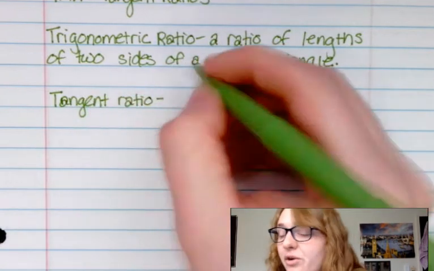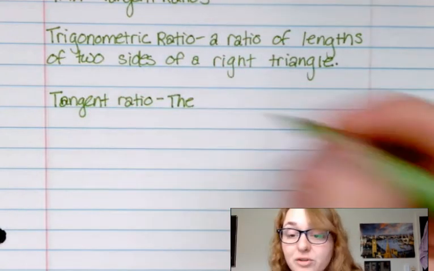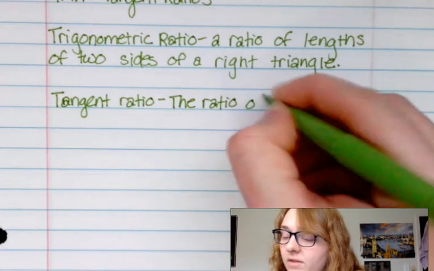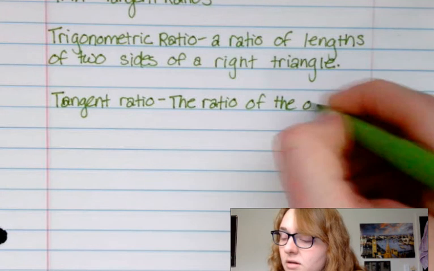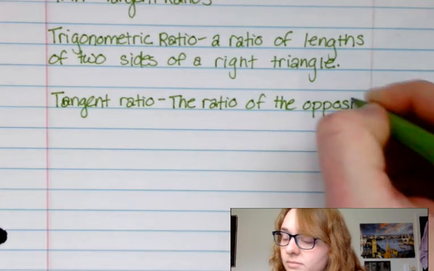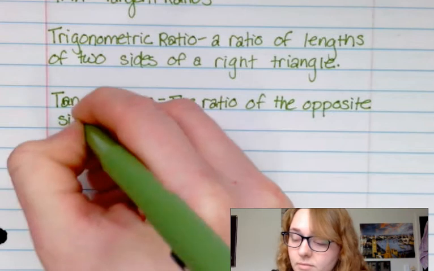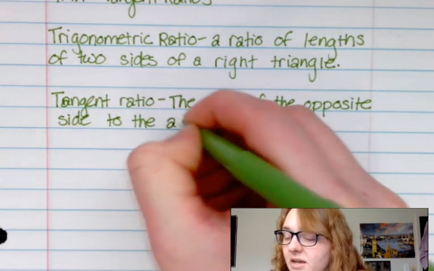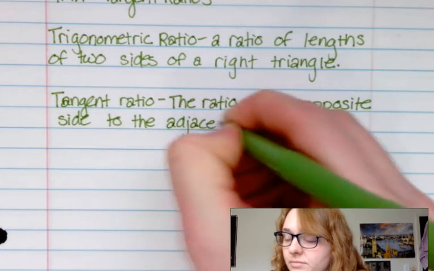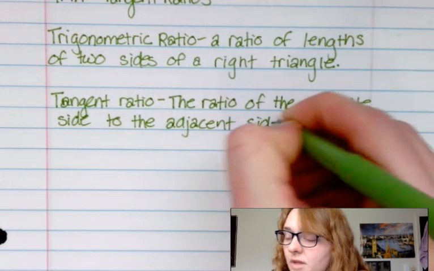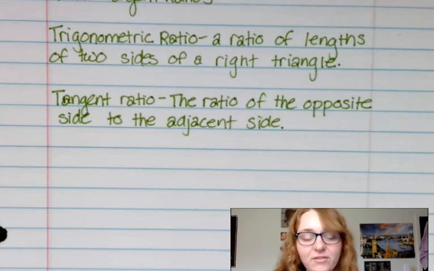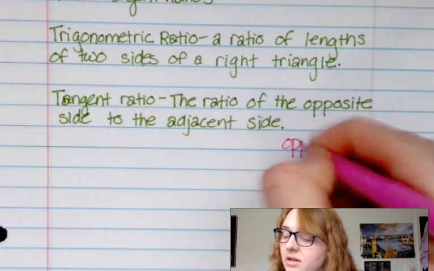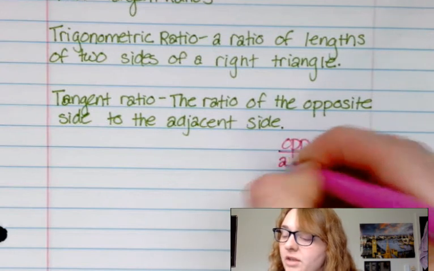And the tangent ratio is the ratio, so remember those look like fractions, of the opposite side to the adjacent side. So our ratio or that fraction is going to look like the opposite over the adjacent.